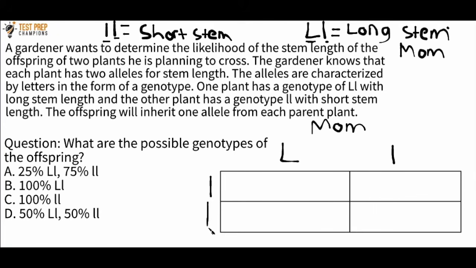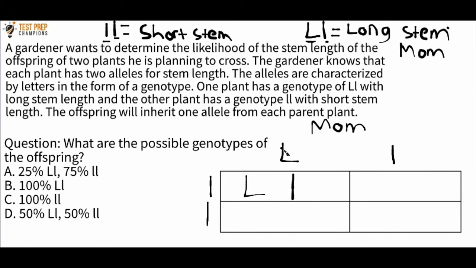So all you have to do here is fill out all the different combinations. Let's fill this chart out. We've got a big L right here. It could get a big L allele from mom, and one little l allele from dad.